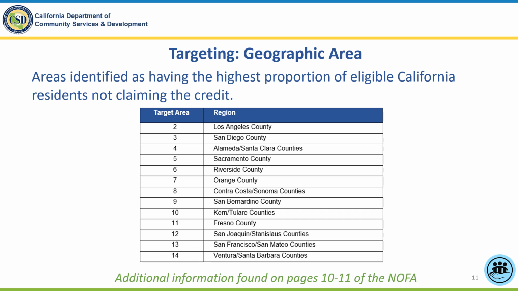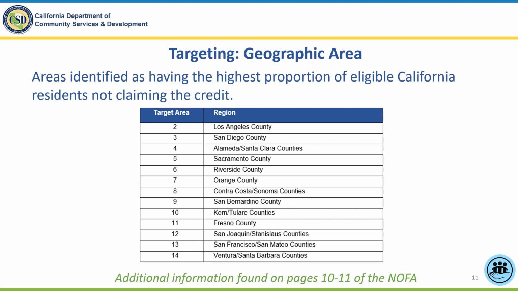Another targeting requirement is the geographic areas to be served. CSD identified 15 target areas shown in the table that will serve as geographic boundaries to ensure the greatest coverage across the state. Target areas are also outlined in the NOFA as Appendix 1, Map of Target Areas 2 through 14. Maps of Target Areas 1, statewide, and 15, rural, were not created.